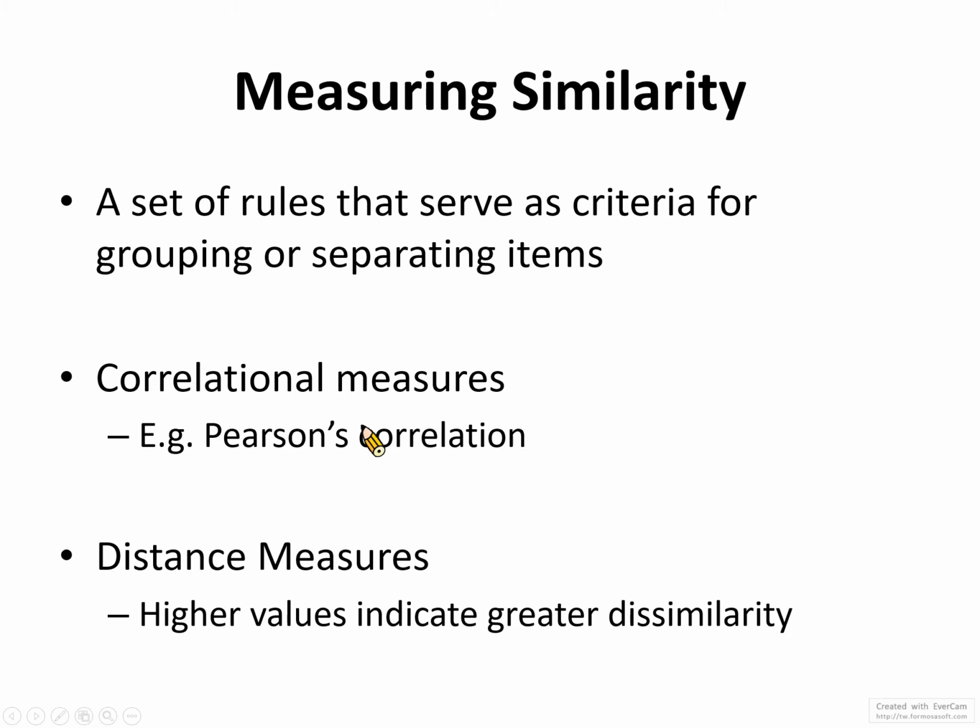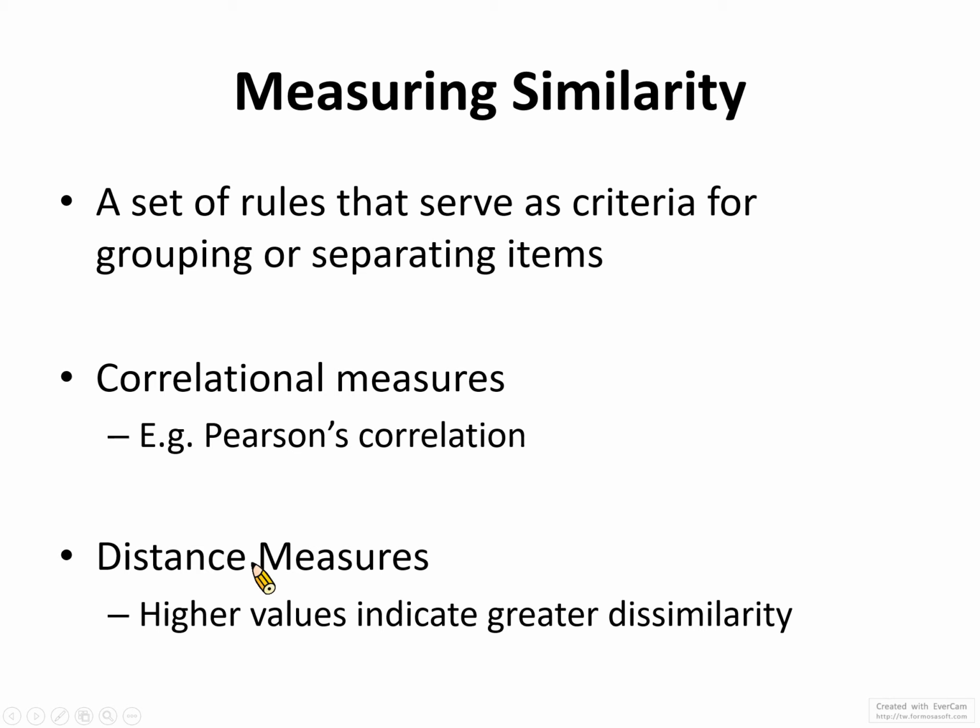But more often now we will use distance measures in cluster analysis, because a distance measure is a metric that defines the distance between two data, and higher values indicate greater distance, meaning less similarity. For example, we can measure the Euclidean distance on a two-dimensional map or in a three-dimensional space, or even a high-dimensional space.